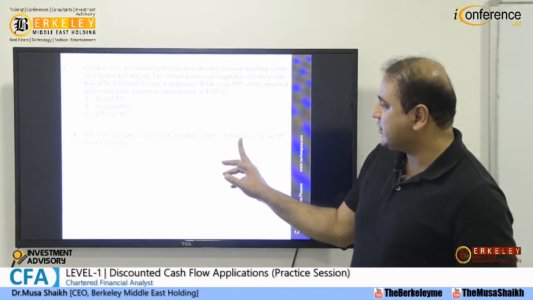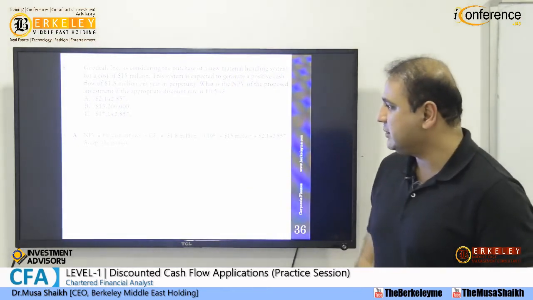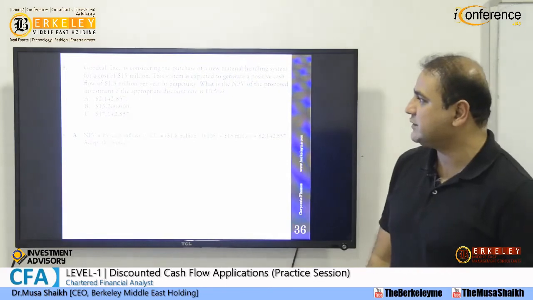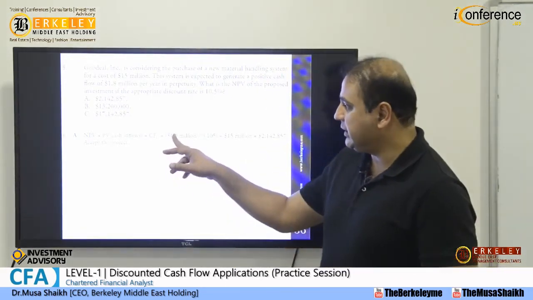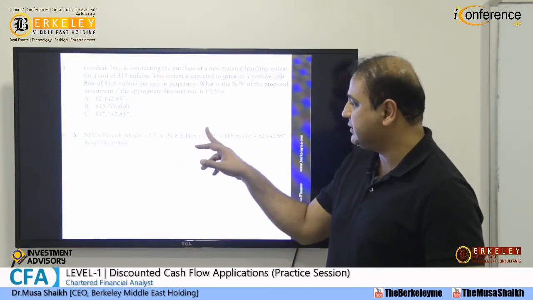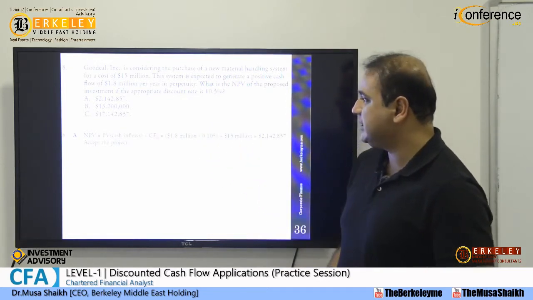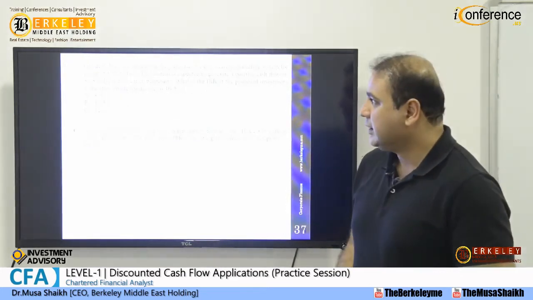So this is how about 2.14 million will come, and we will accept the project because NPV is positive. For solving such kind of question, we can have a shortcut. We can take 1.8 million per year in perpetuity and divide it by the rate, minus the total investment. So we'll get the present value. It is positive, so accept the project.